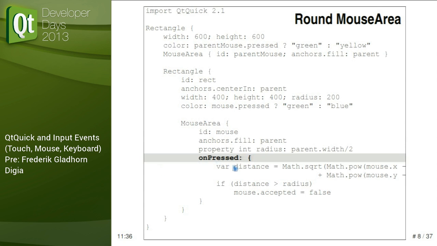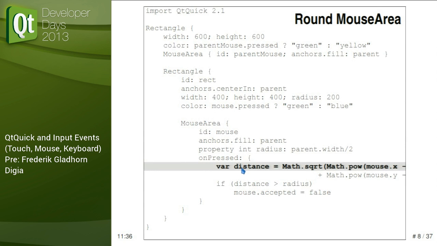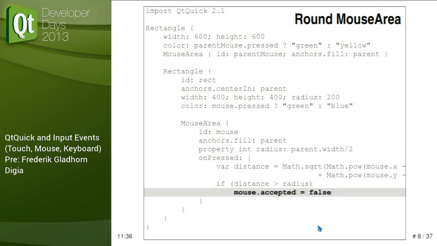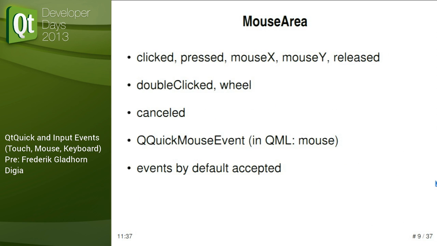So here I just calculate Pythagorean geometry, check if I'm within the radius of the circle, and if I am outside of the circle, I will simply say no, I'm not going to accept the event, and the event will be propagated further. So this is how you can get mouse areas to be any random shape. Of course, the mouse area is still a rectangle. Anchors fill parent is still applying, but it behaves as if it was this round thing.